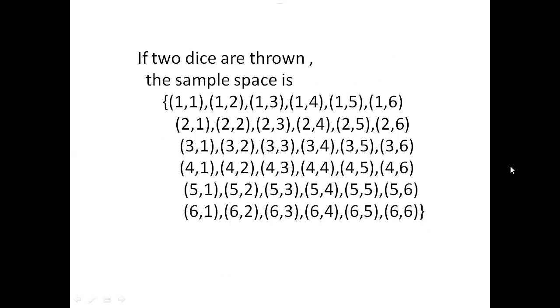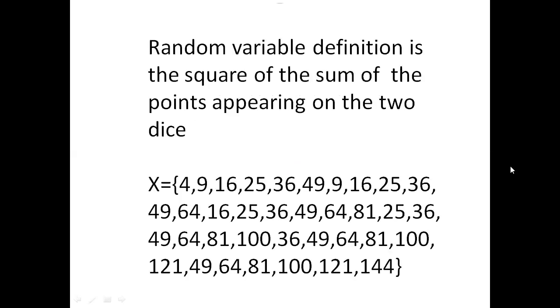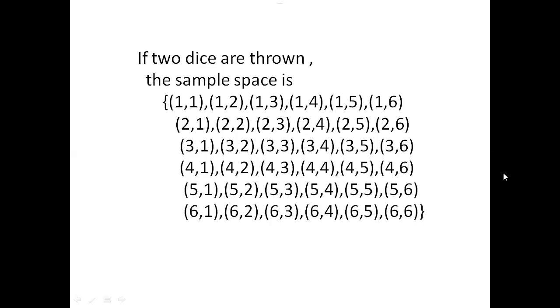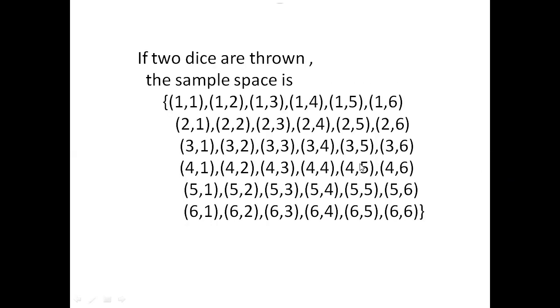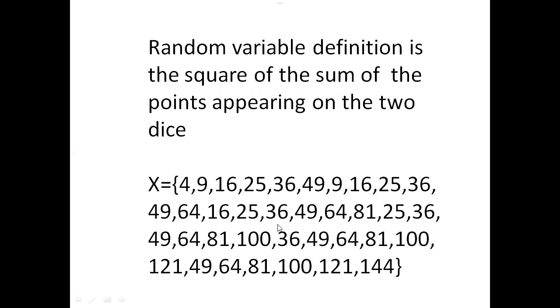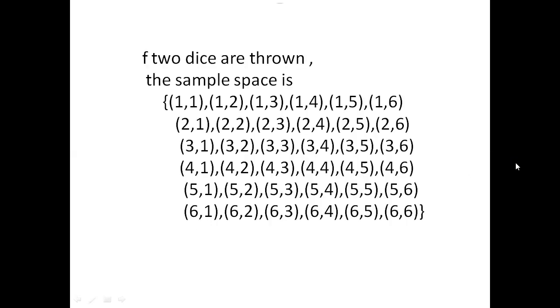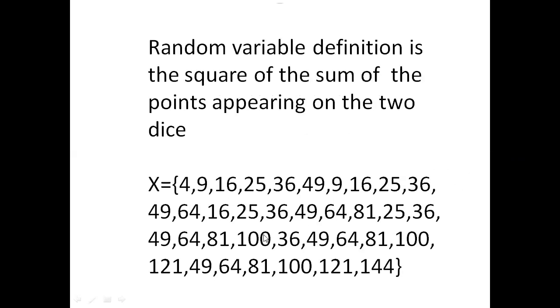The sum is 7, square is 49. 4, 4. The sum is 8. The square of 8, 64. 4, 5. The sum is 9. Square of 9 is 81. 4, 6. The sum is 10. Square of 10 is 100.